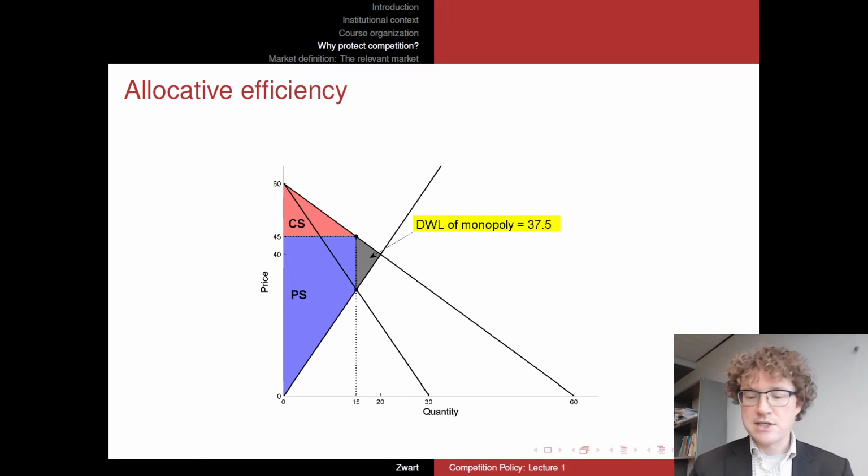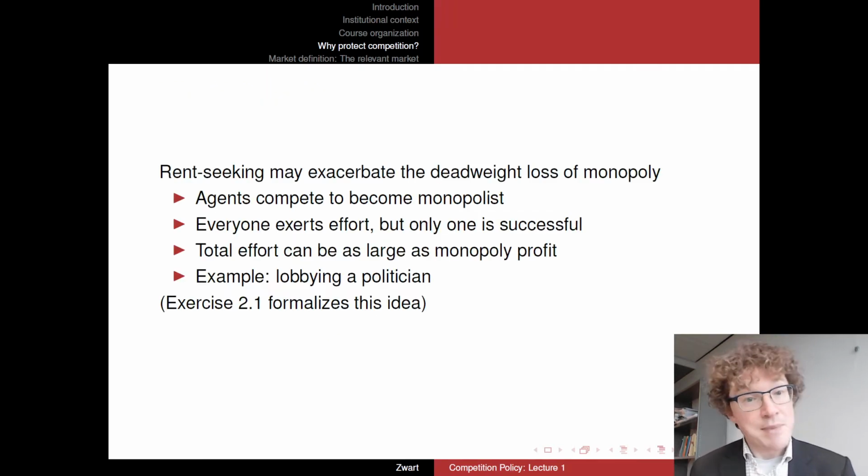So that's allocative efficiency, which may actually be exacerbated a bit, or actually a lot, by rent seeking. We have deadweight loss in the sense that with monopoly, not everybody gets what they need, but we also saw that producer surplus gets larger as we go to monopoly.